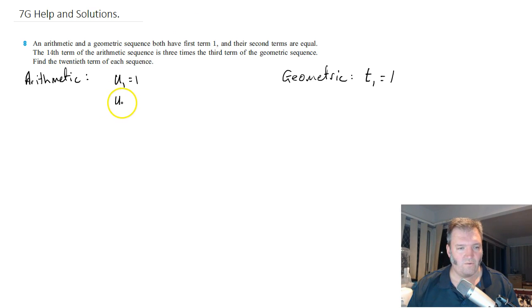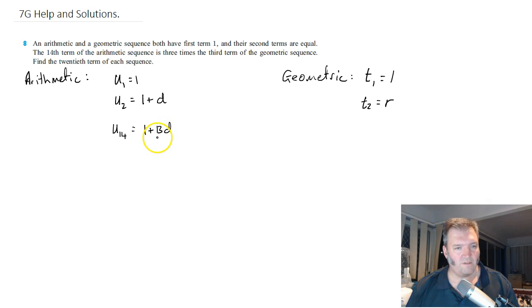Their second terms are equal. So U2, which is 1 plus D, and T2, which is 1 multiplied by R, which is, of course, just R. The 14th term of the arithmetic sequence, so here we go, U14, which is 1 plus 13D, remember n minus 1 times D. So the 14th term of the arithmetic sequence is 3 times the third term of the geometric sequence.